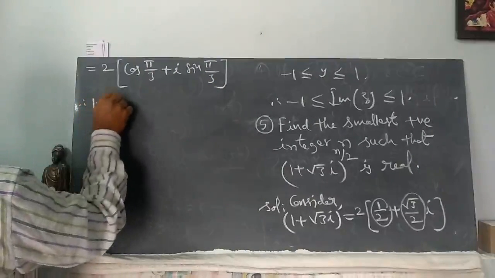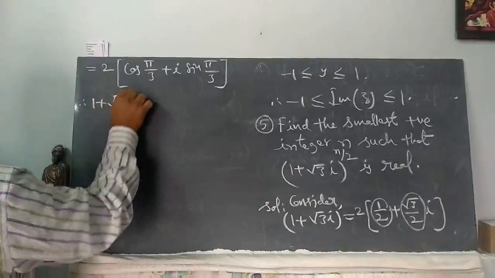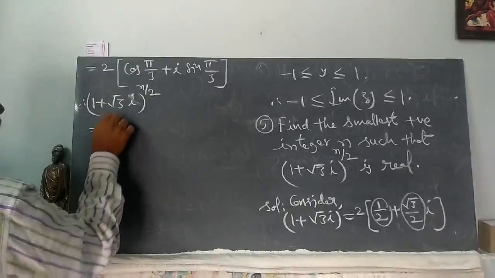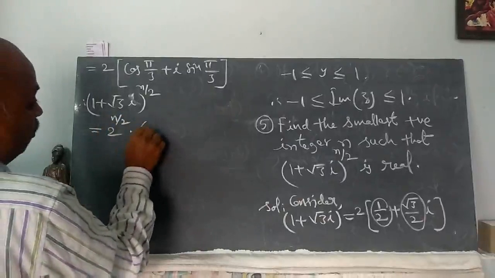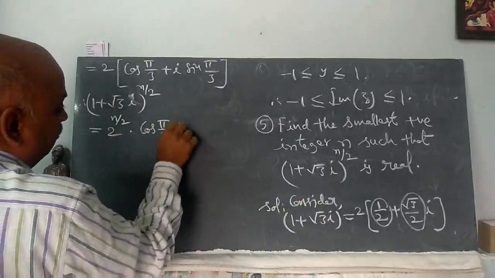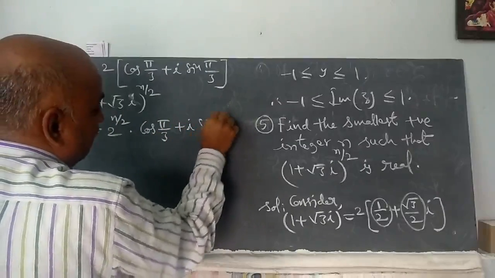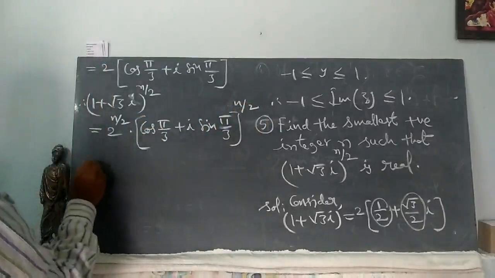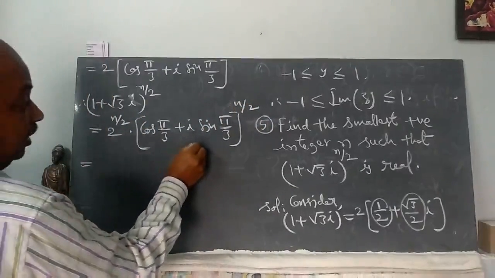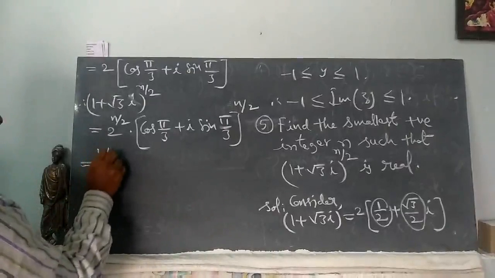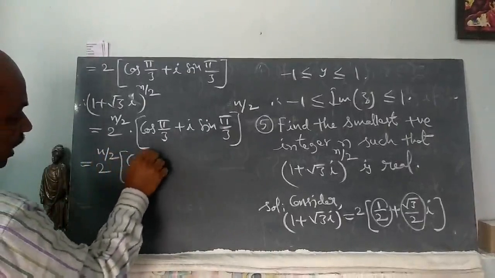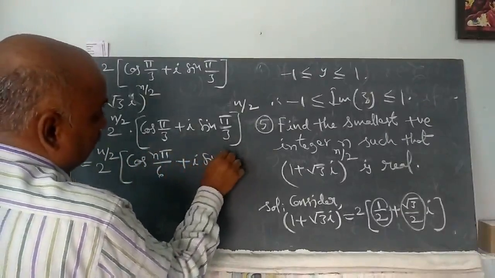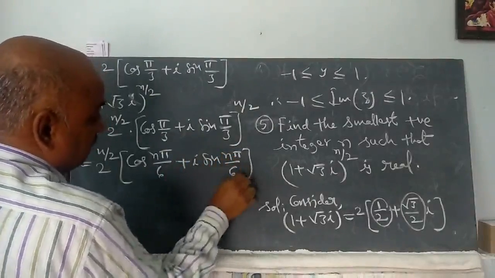Therefore (1 plus root 3 i) whole to the power of n by 2 is equal to 2 to the power of n by 2 into (cos pi by 3 plus i sine pi by 3) whole to the power of n by 2. This is equal to, applying De Moivre's theorem, 2 to the power of n by 2 into (cos n pi by 6 plus i sine n pi by 6).